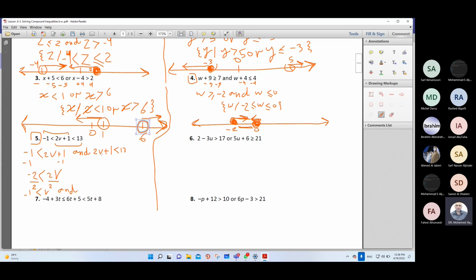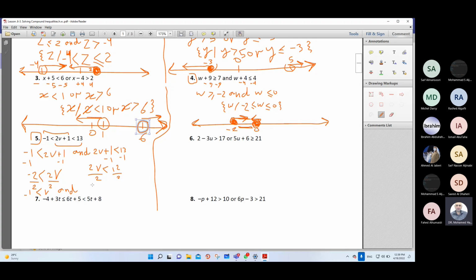Use the same idea to solve the second inequality here. We want to remove 1 from this side, so add the inverse, minus 1 here, minus 1 here. So 2v less than 13 minus 1 will be 12. Then try to remove 2 from the side, divide here by 2, divide here by 2.